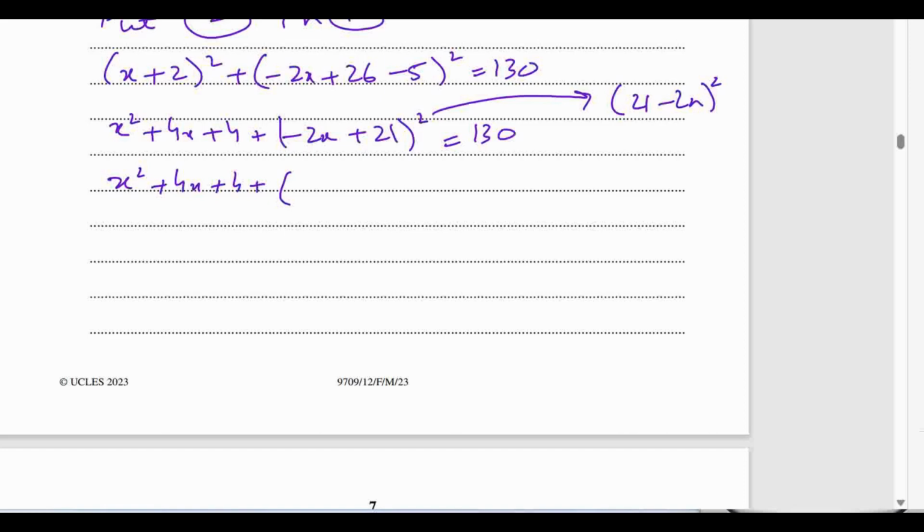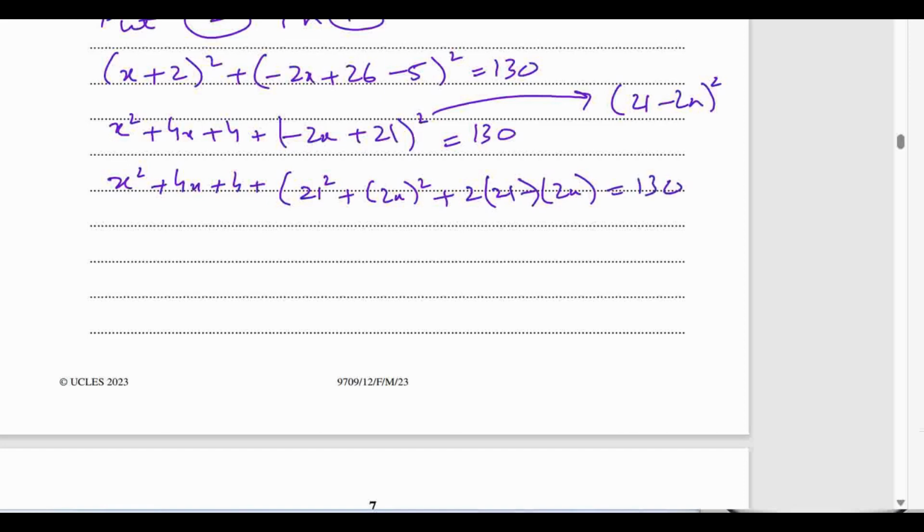So this will be equal to a square plus b square plus 2ab, where a is 21 and b is minus 2x.